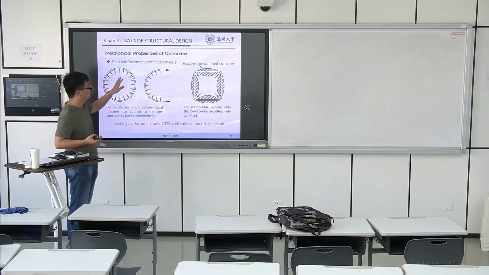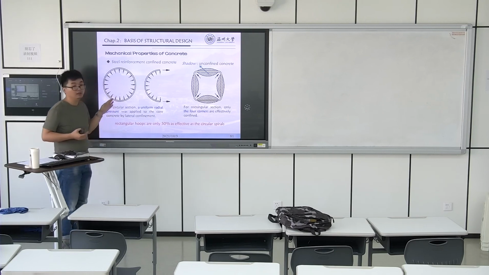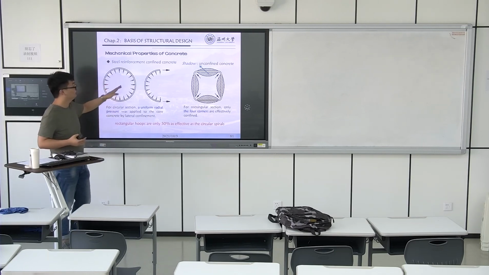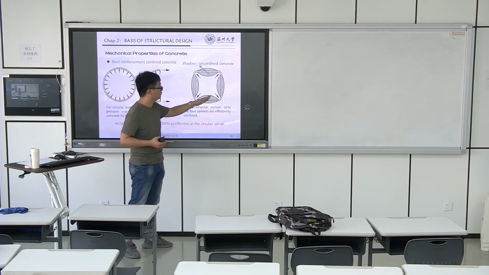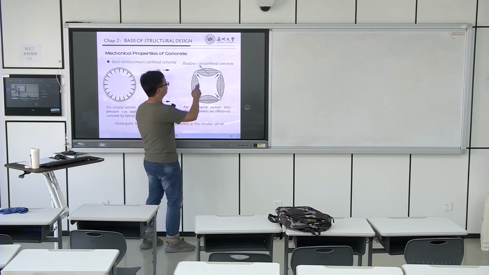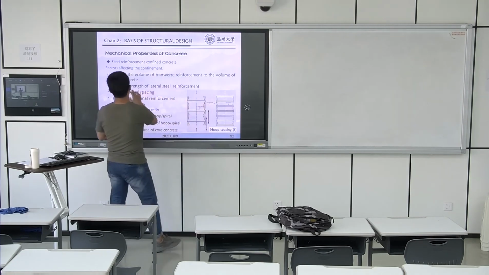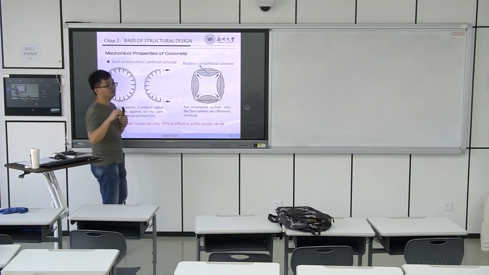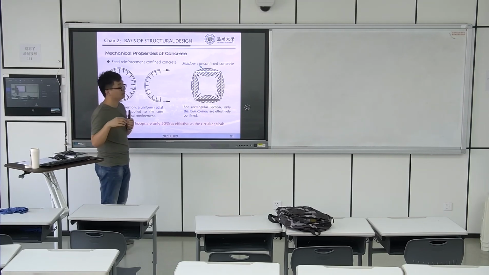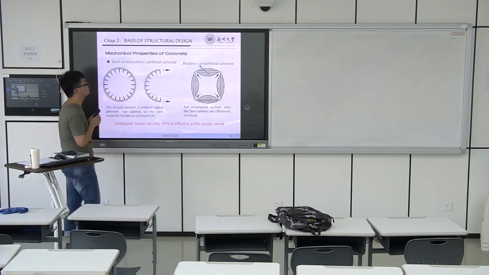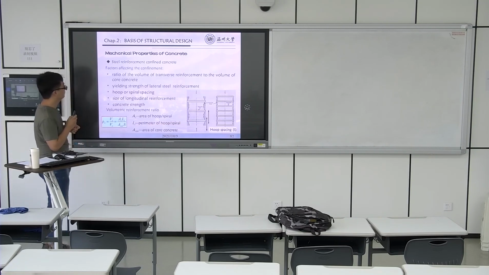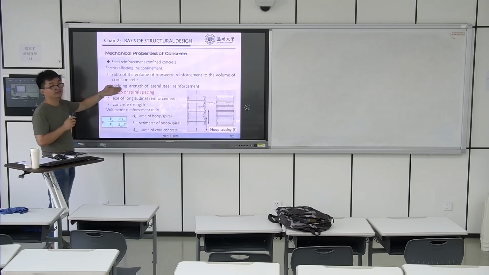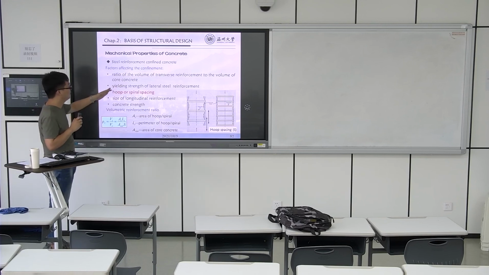And here it introduced that the circular shape is better than the rectangular section. Because for the rectangular section, in this part, the confinement effect does not work. Yeah, there are some factors affecting the confinement.